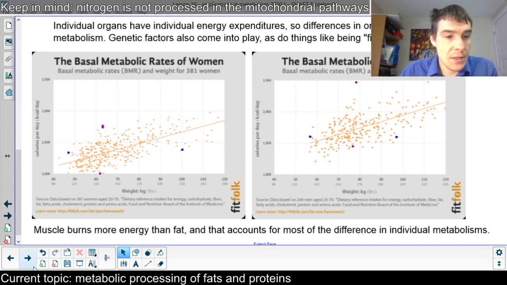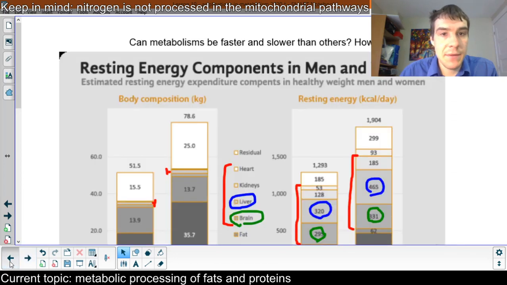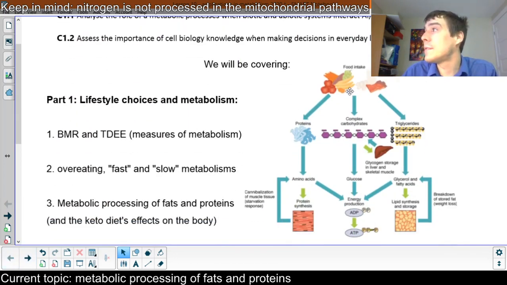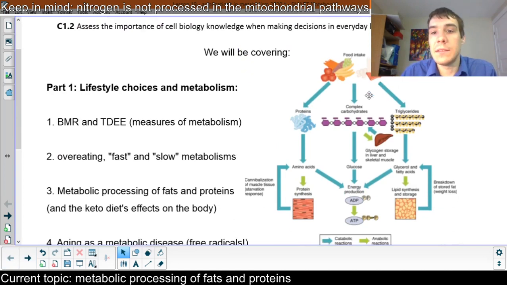And I'm actually going to jump back for a second to this diagram here. You can see the food intake, and you can see the three different classes of biomolecules that we've talked about. We'll briefly cover nucleic acids as well. So there's proteins, complex carbs, and fats.